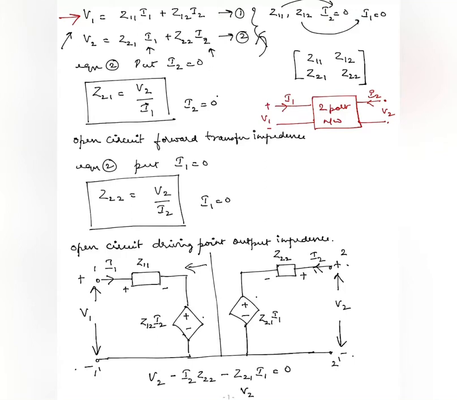So if you rearrange this as well, V2 you will get as Z21 I1 plus Z22 I2. So this is nothing but the second equation of the Z parameter.